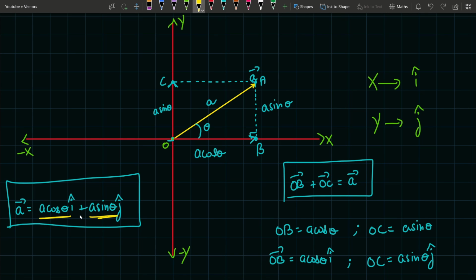We call this the x component of the vector A, and this the y component of vector A, and this is basically the resolution of a vector in two dimensions, because we have taken only the x-axis and y-axis. What about the z-axis? If I take the z-axis, the formula will be a little different, and we'll see that also in a minute. Before that, using this resolution of a vector formula, how to generate the magnitude of vector A?